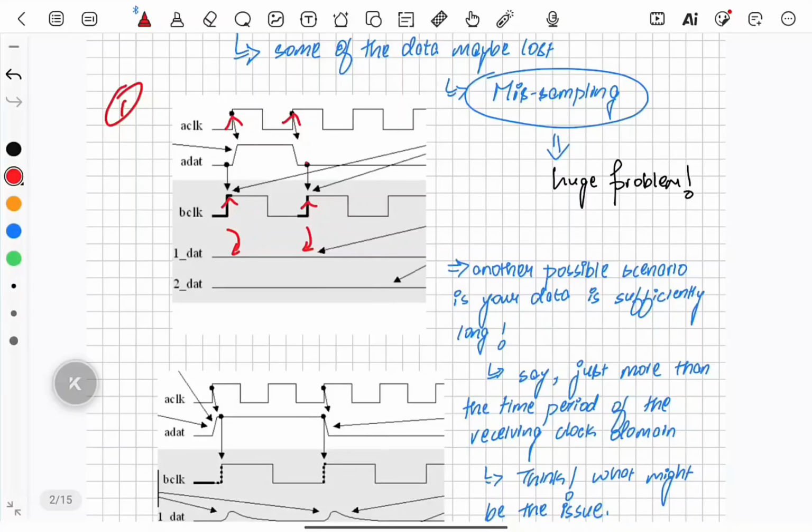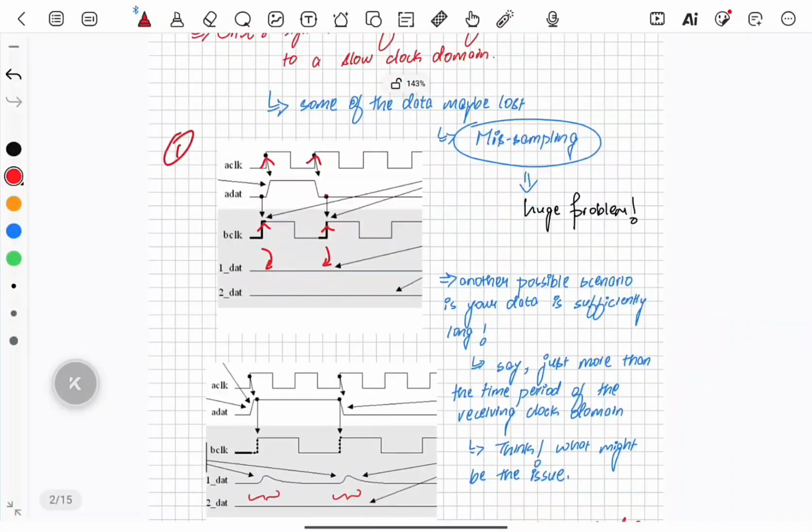I'll repeat: the signal is not stable within the two edges of the receiving clock domain. If any signal is not stable between two sampling edges of a receiving clock domain, that will be an issue because missampling is happening here. Okay, this is case one.